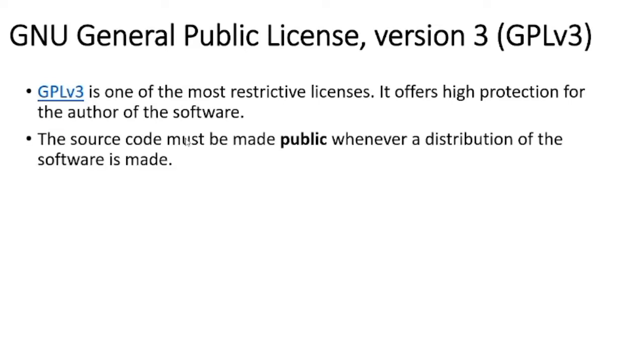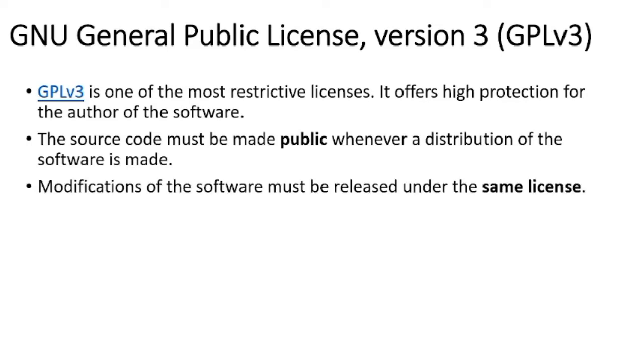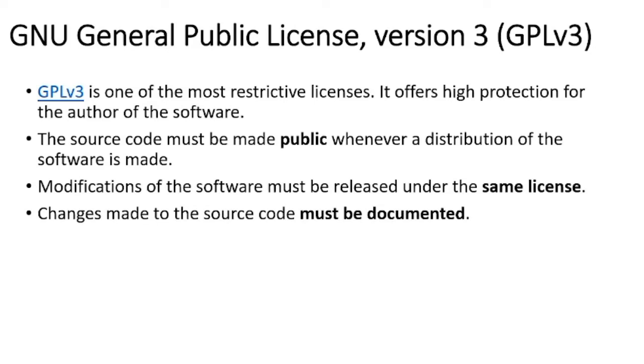The source code must be made public whenever a distribution of the software is made. Next, modification of the software must be released under the same license. If you are the author and someone is copying your code, that person should release the code under the same license. Fourth, changes made to the source code must be documented every time.